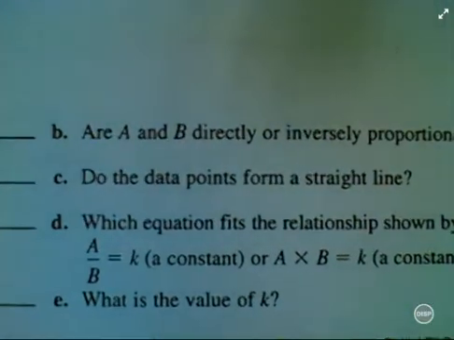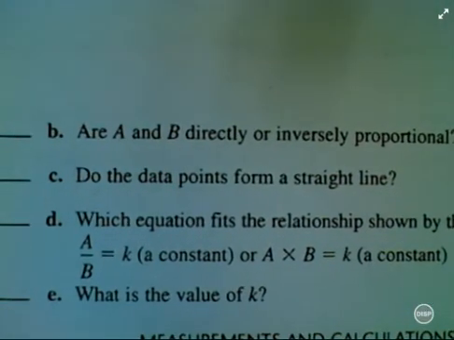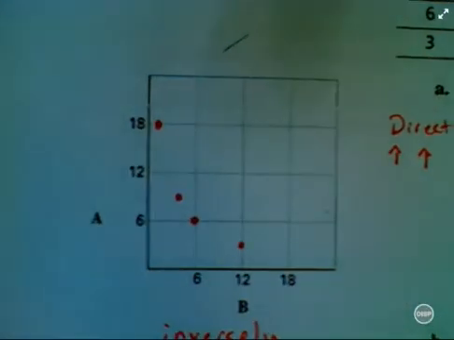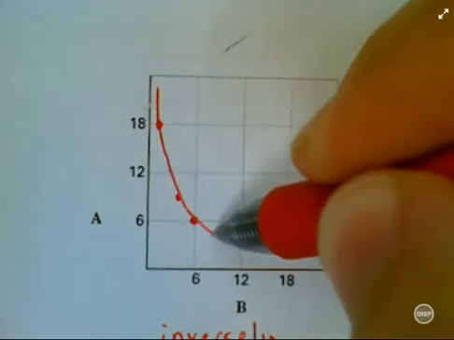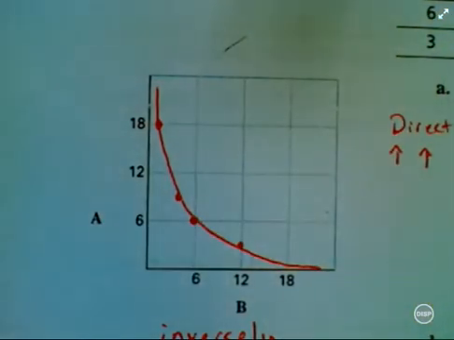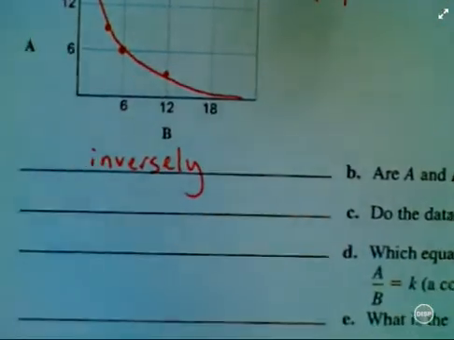D, do the data points form a straight line? Well, if we connect the dots here, we actually get what's called an asymptote. Hopefully you remember that from math class, but no, that is not a straight line.